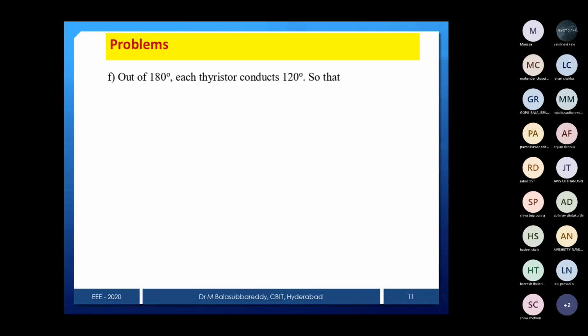And then each thyristor conducts 120 degrees, as I mentioned, because this is a semi converter or a full converter, anything. The pairs of devices are different. This is the output, let alpha be equal to 0 instant. This pair of devices, either it is 6, 1, 1, 2, 2, 3 and so on, will conduct 60 degrees.